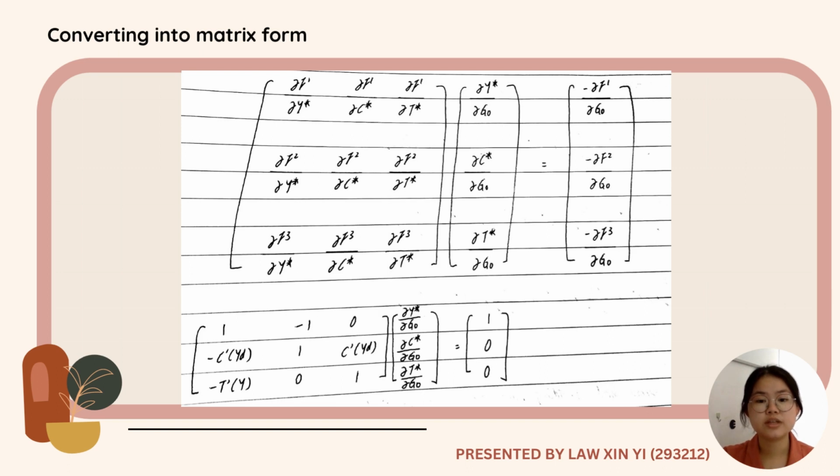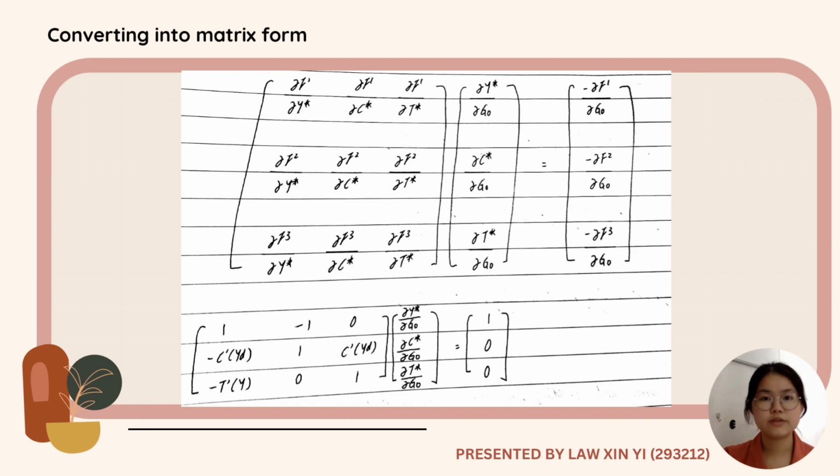For equation f2, differentiating f2 with respect to y*, we obtain negative c_yd. Next, differentiating f2 with respect to c*, we obtain 1. Differentiating f2 with respect to t*, we obtain c_yd. Differentiating negative f2 with respect to g, we obtain 0.